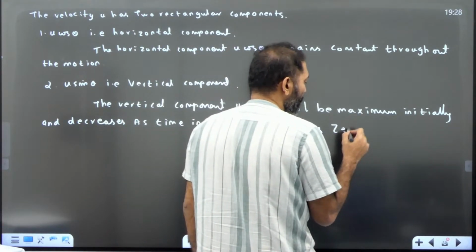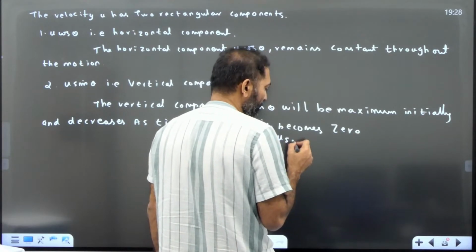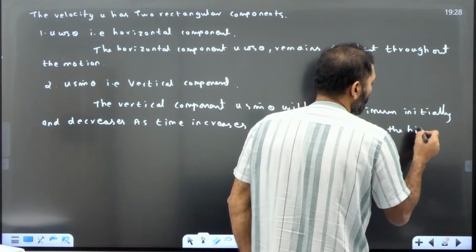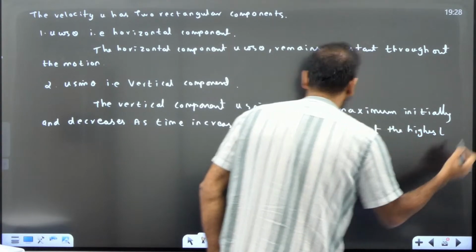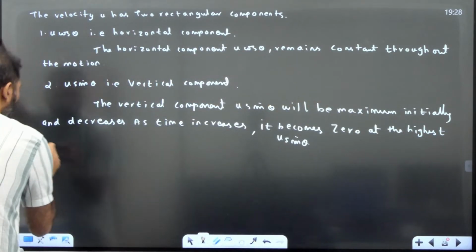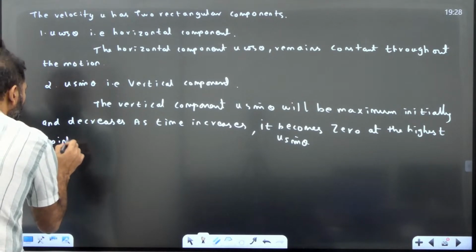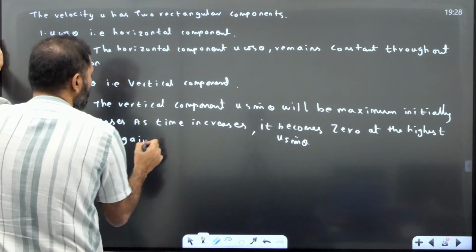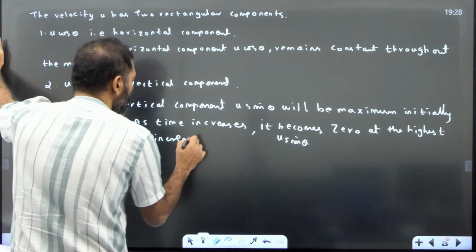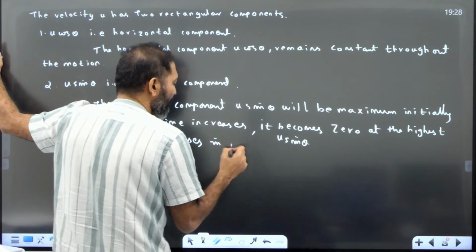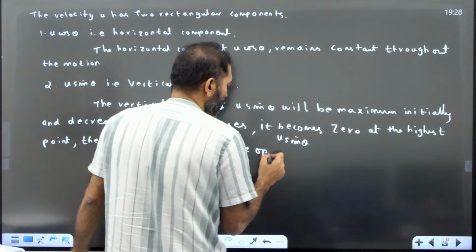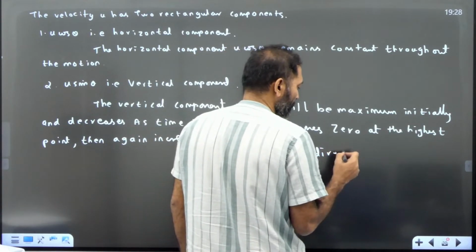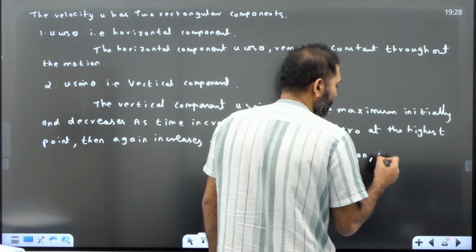It means u sin theta becomes zero at the highest point. Then again it increases in the opposite direction till the projectile hits the ground.